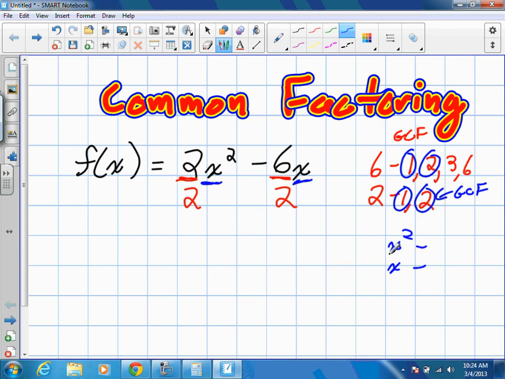So for instance, x squared consists of 2 x values, and x only consists of 1. Okay? So what we do is we take out as many from each as possible. Because there's only 1 on the bottom, I can only take 1 out of each of these. In other words, an x to the power of 1. So we're going to be dividing, again, each of these values by just x to the power of 1.